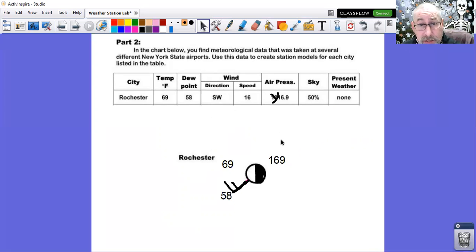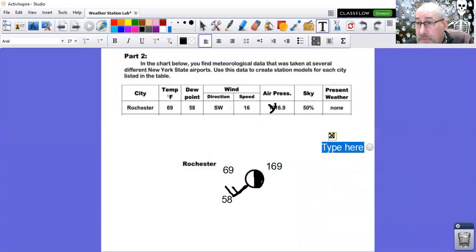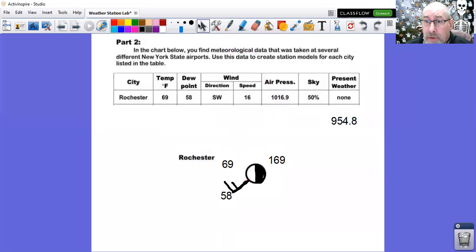Before I send you off to do your work, I want to go a little bit more about the air pressure. So if I had an air pressure of 954.8, in this situation, our air pressure that we have is 1016.9.